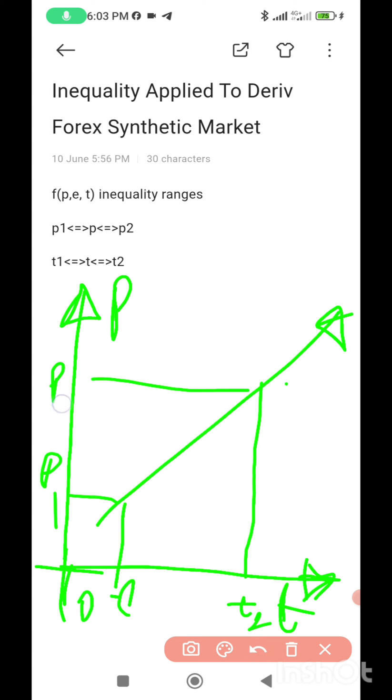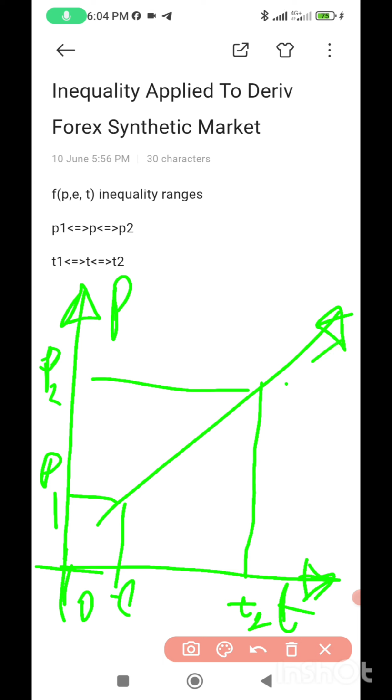Now this geometrical representation is trying to tell you that for all prices above this line of symmetry, you can take a trade.